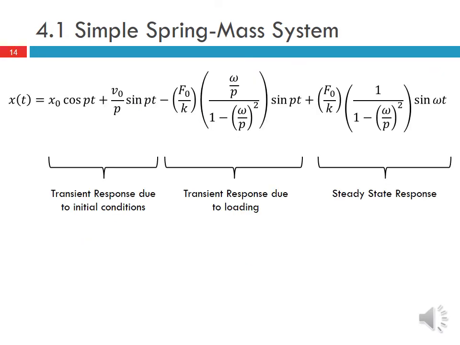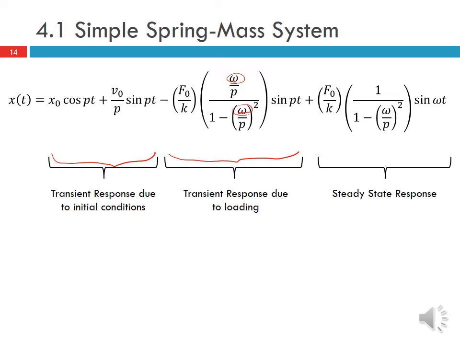So if we put all this together, we can look at the total response, and we see that this part is the transient response due to the initial conditions. So that comes from the homogeneous solution. And then this also comes from the homogeneous solution. There was this other part that doesn't have the initial conditions in it, but it does have something to do with the forcing function in it. So this is the transient response due to the loading.